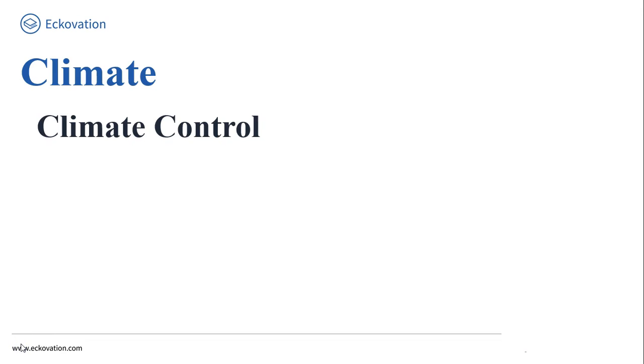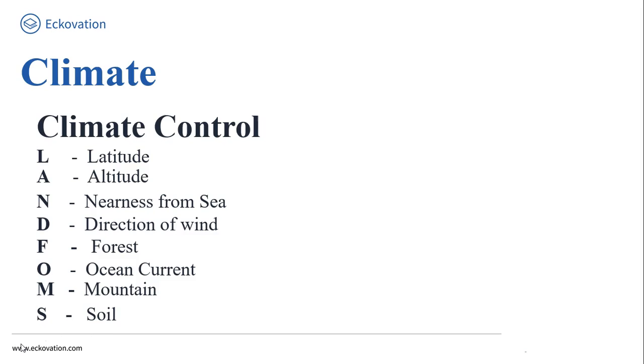Friends, when we talk about climate control, there are 6 major controls of the climate of any place, that are latitude, altitude, nearness to the sea, direction of wind and ocean current. The others are also controls of the climate of any place.